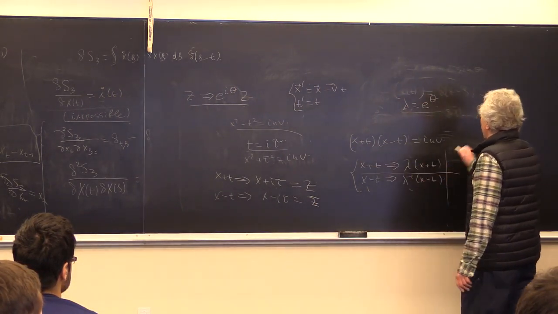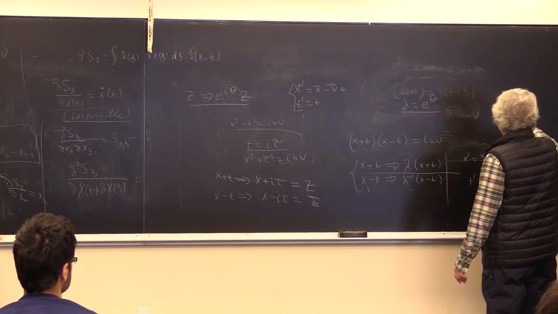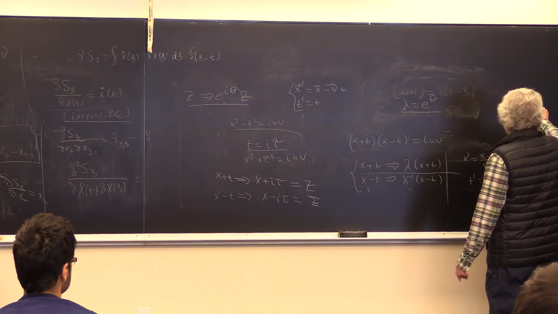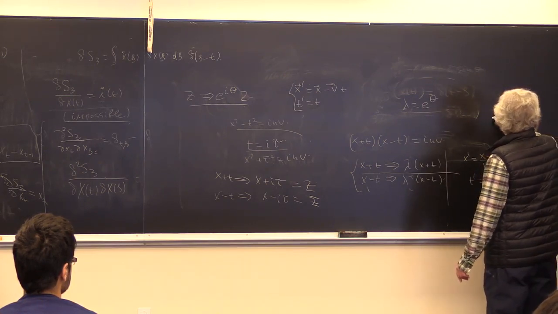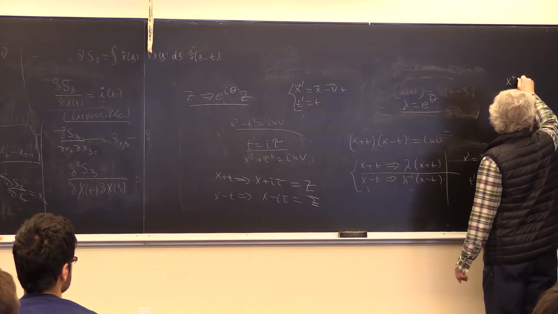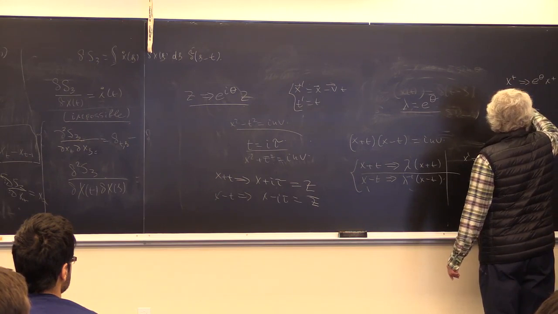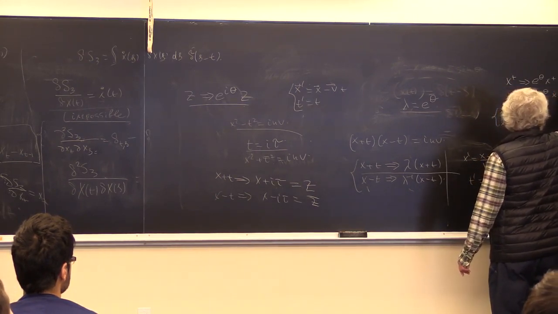So what is this? Let's introduce two light cone variables, x plus t and x minus t, and the Lorentz transformation is: x plus goes to e to the θ x plus, x minus goes to e to the minus θ x minus.